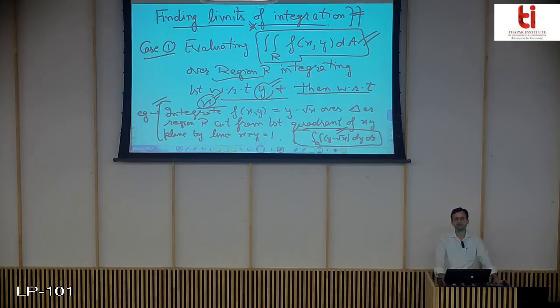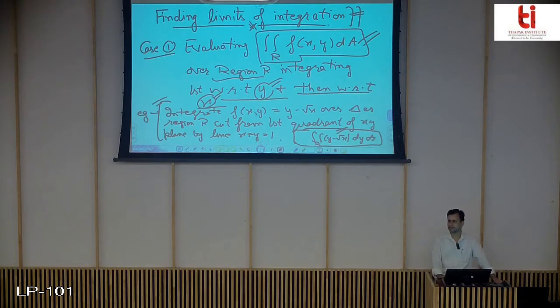You see where it enters the region, and that boundary is the lower limit of y. The curve from where it leaves the region is the upper limit of y.